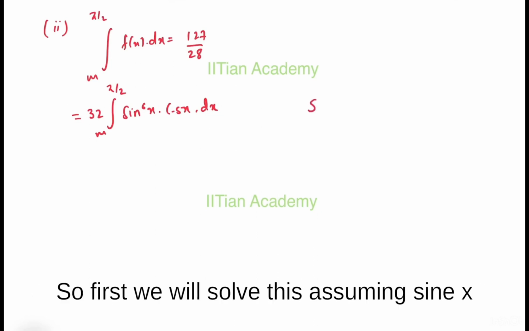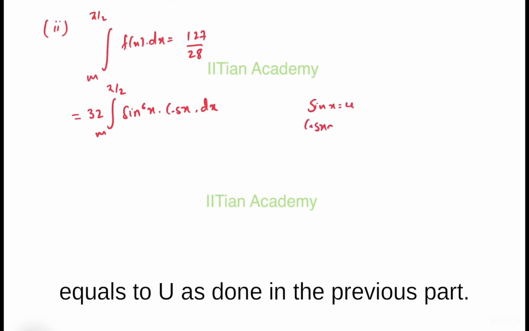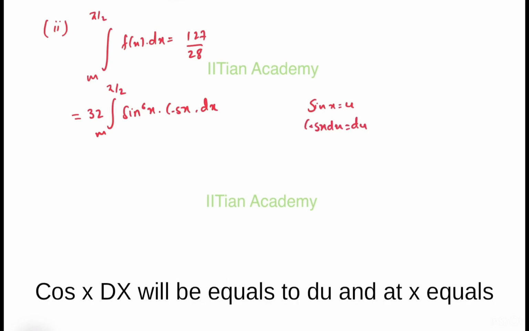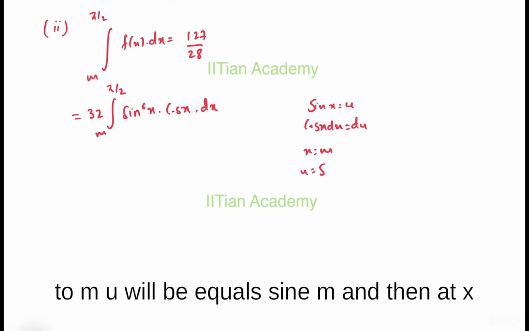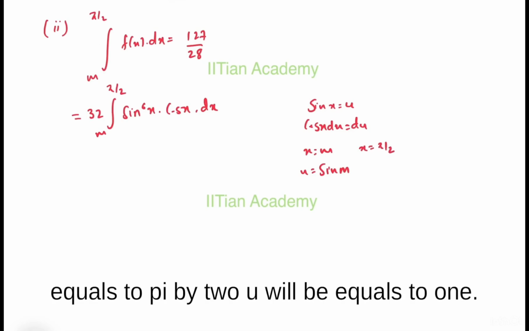First we will solve this. Assuming sin x equals u as done in the previous part, cos x dx will be equal to du, and at x equals m, u will be sin m, and at x equals pi by 2, u will be 1.